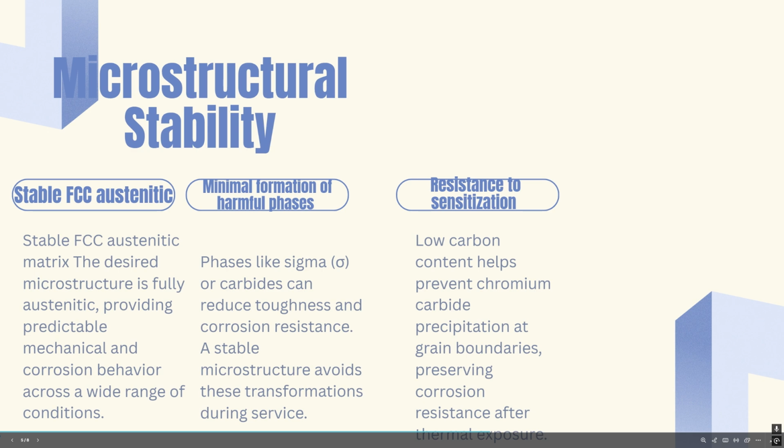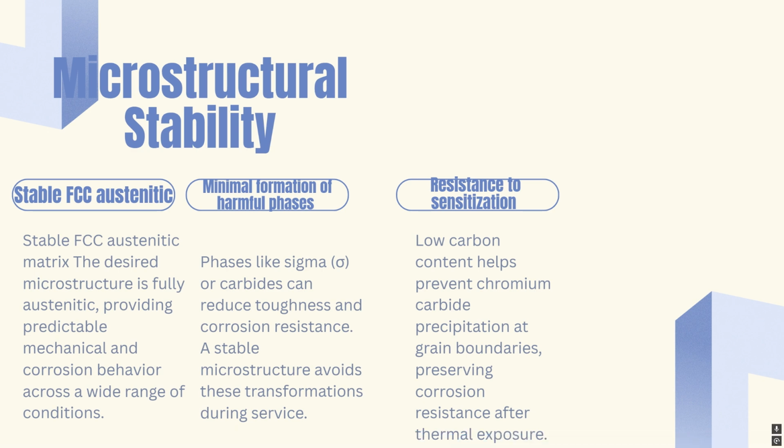Okay, for the microstructure stability, it has a stable FCC austenite structure. 316L stays in the FCC phase at room temperature, which gives the toughness and ductility. Harmful phases like sigma and carbide reduce toughness and corrosion resistance.